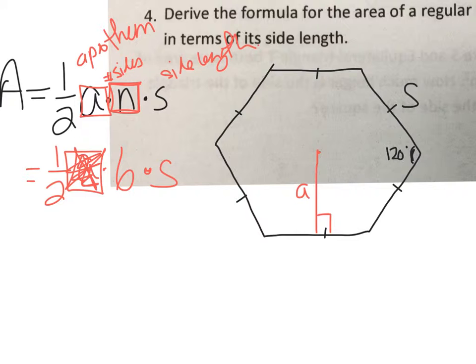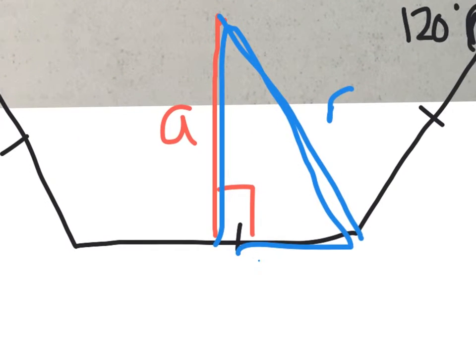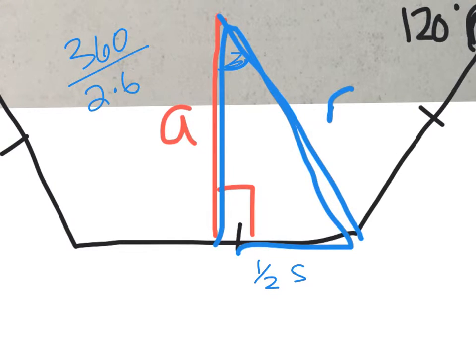So we can draw in the second thing, which would be a radius here. Now we have a nice right triangle, where this is 1/2 of the side length, and this angle can be found by doing 360 over 2 times 6, which hopefully you know is going to be 30 degrees.